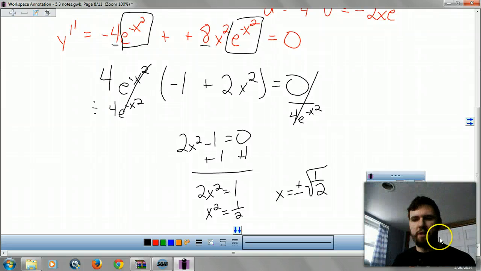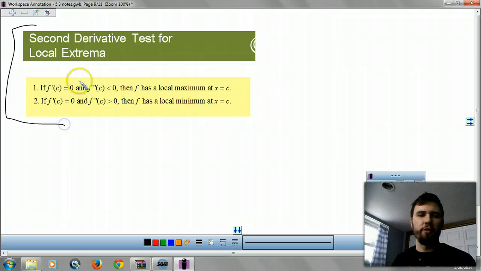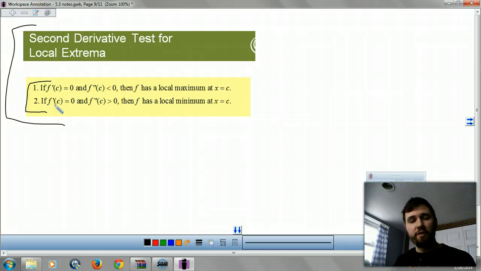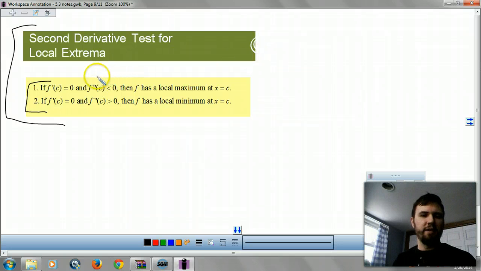I gotta check for time. I got one more arrow to put in your quiver: the second derivative test for local extrema. If you find your critical points where your first derivative is 0, and you take the second derivative and it's negative, then it has a local max.